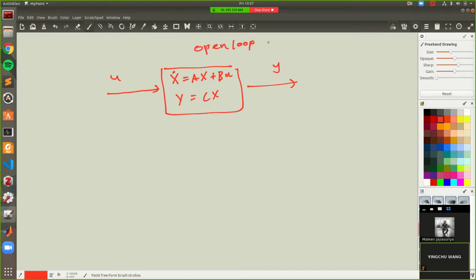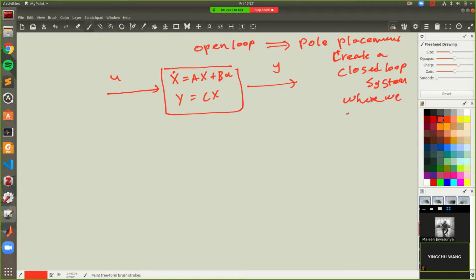Now what is our objective in pole placement? What pole placement does is create a closed loop system where we get to decide where the poles are.